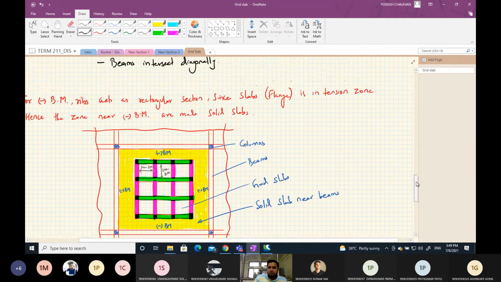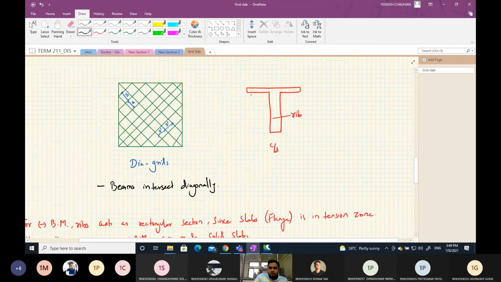This is the rib depth. This is the width of the rib.